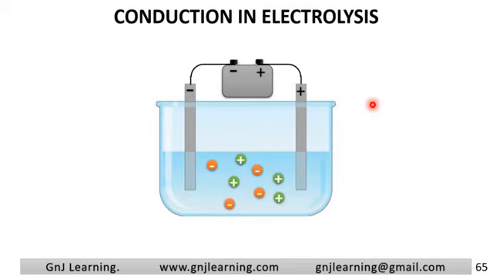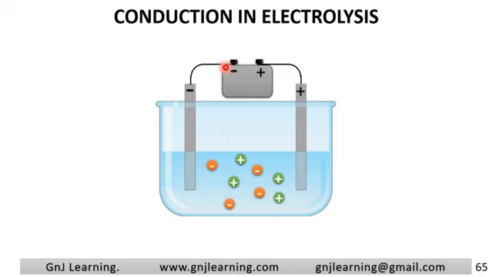In electrolysis, the passage of electricity is mediated by two media. Let's see how. Inside the electrolytic solution, the passage of electricity is mediated by the movement of ions, and outside it is by the movement of electrons through this external wire. This conduction is called metallic conduction, and this conduction is called ionic conduction.